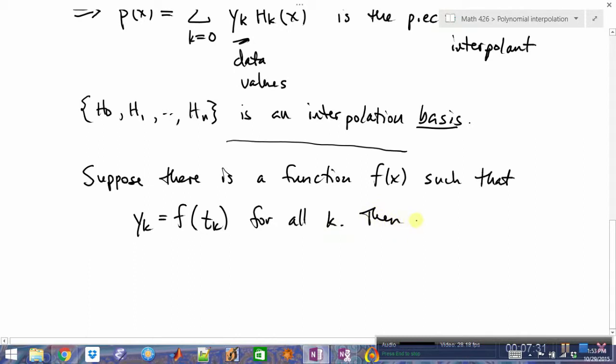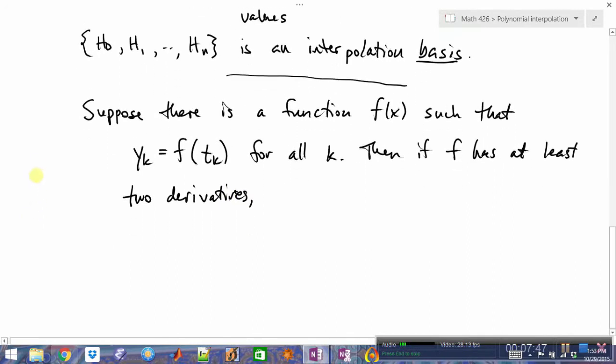Then, if f has at least two derivatives, we can say something about how accurate this process is.